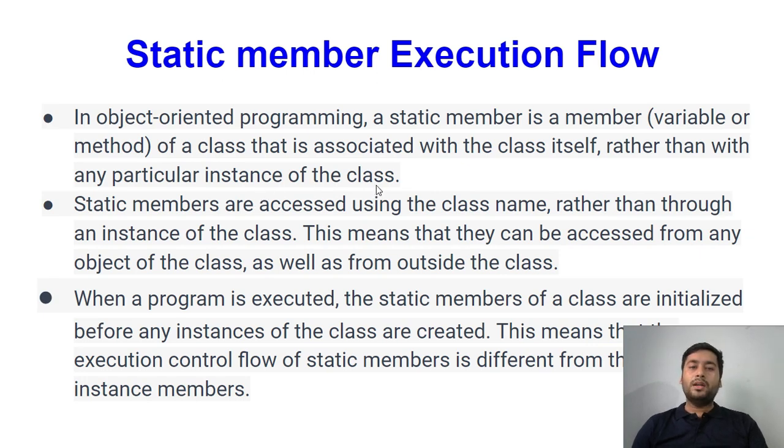So whatever static members you have in your class are associated with the class, not with a particular instance. Static members are accessed using the class name rather than through an instance of the class. This means they can be accessed from any object of the class as well as from outside of the class.